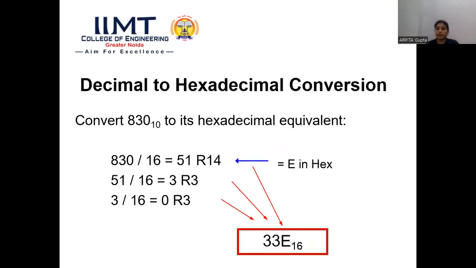like this. Now we have to convert decimal to hexadecimal. The same division algorithm is used, but in decimal to hexadecimal conversion, we use base 16 because hexadecimal has base 16, and the answer is written from bottom to top.